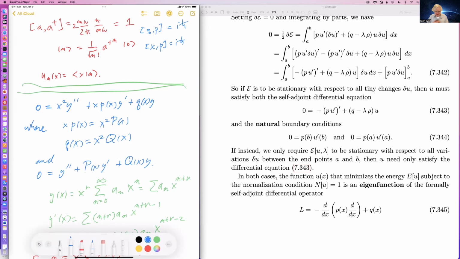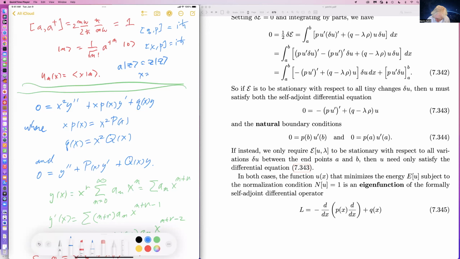And one of the things that he used was coherent states, which are eigenstates of the annihilation operator. So a on z is equal to z, where z is just a complex number.